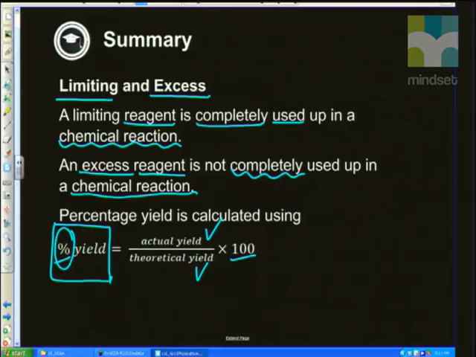Now, quickly, what is this actual yield? Actual yield means when a reaction takes place, we know at the end that we have produced so much. Say nitrogen is reacting with oxygen to form nitrogen dioxide. The yield is how much of the product we are having.